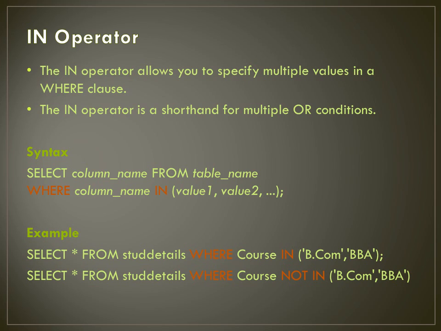This query will return the student details who have selected the course BCom and BBA. You can use not in instead of in. For example, select star from student details where course not in BCom comma BBA. This query will return the student details who are not choosing the courses BCom and BBA.